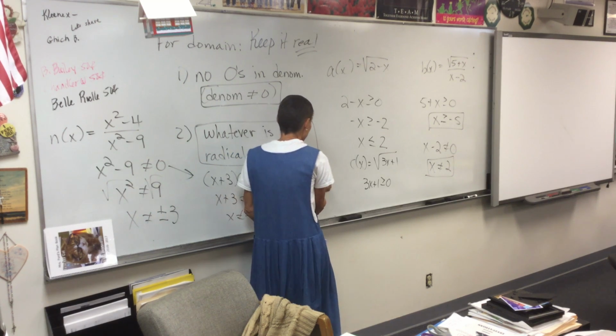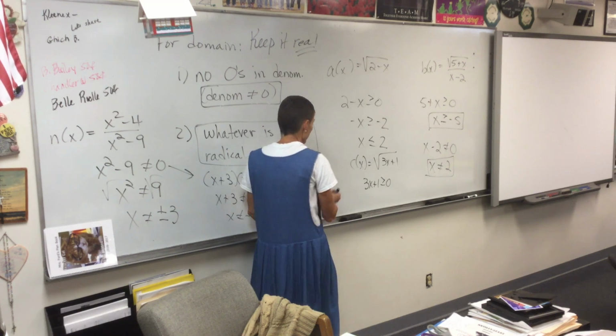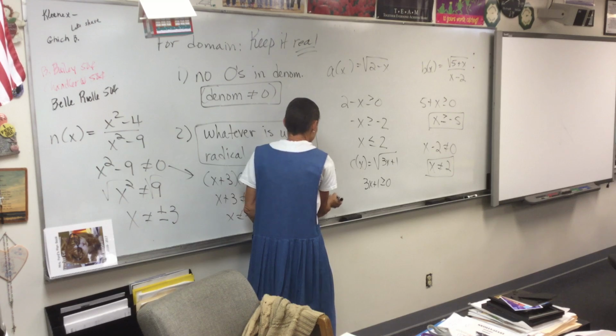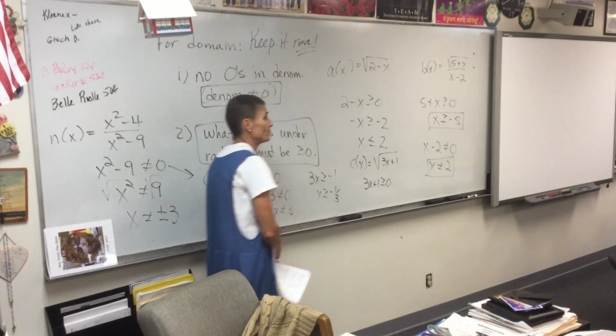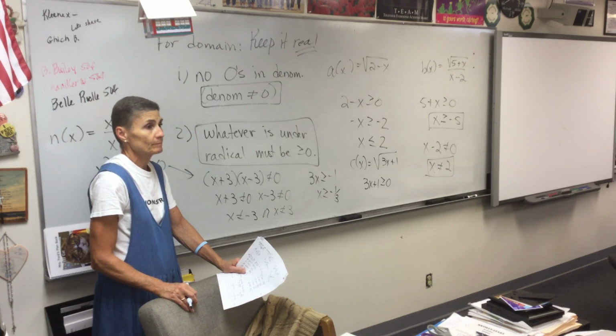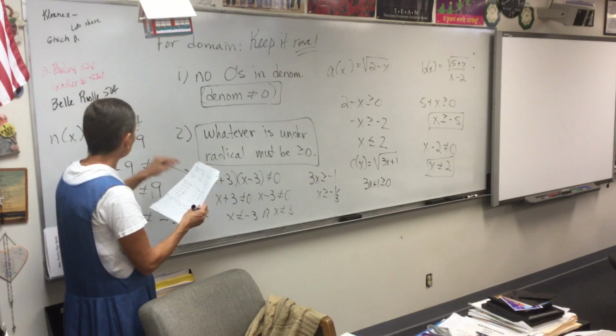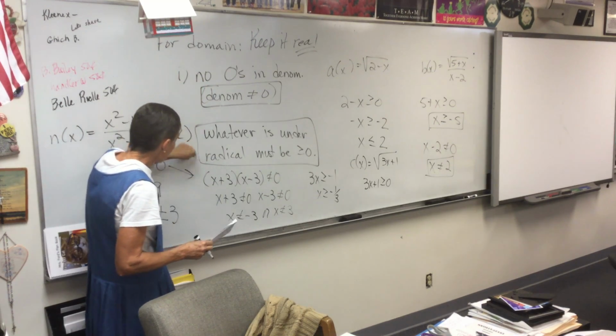So 3x plus 1 is greater than or equal to 0. Sorry, I get irritated. You won't like me when I'm irritated. X is greater than or equal to -1/3. That's my domain.